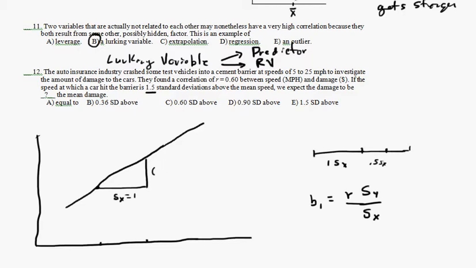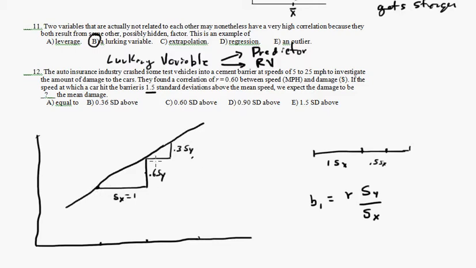So let me see if I can write that. 0.6 sy. Now if we went over another standard deviation, we go over about here, right? But we're not. We're only going to go halfway. So if we only go halfway, we're going to go up only half this distance. So that would be 0.3 sy.